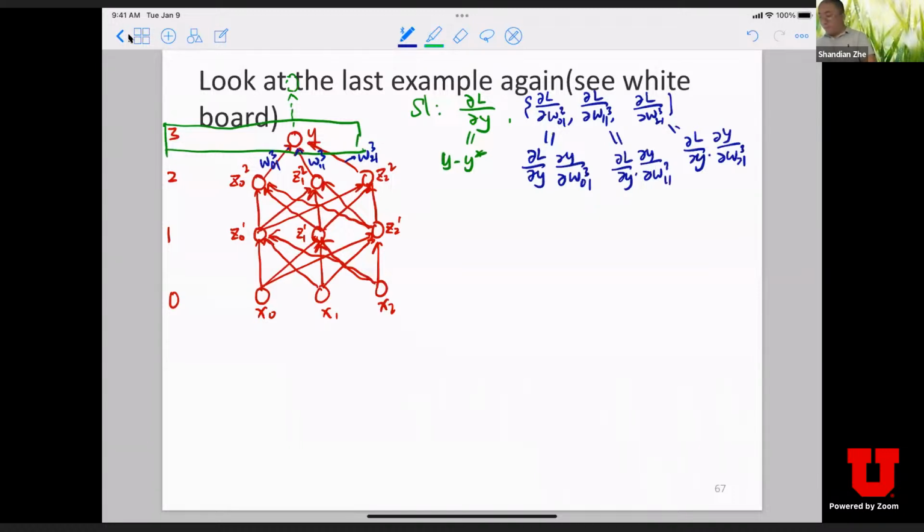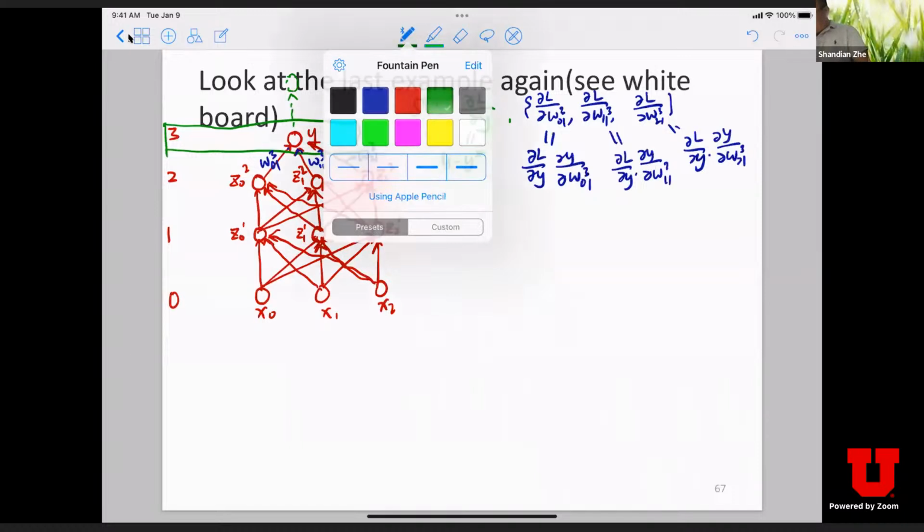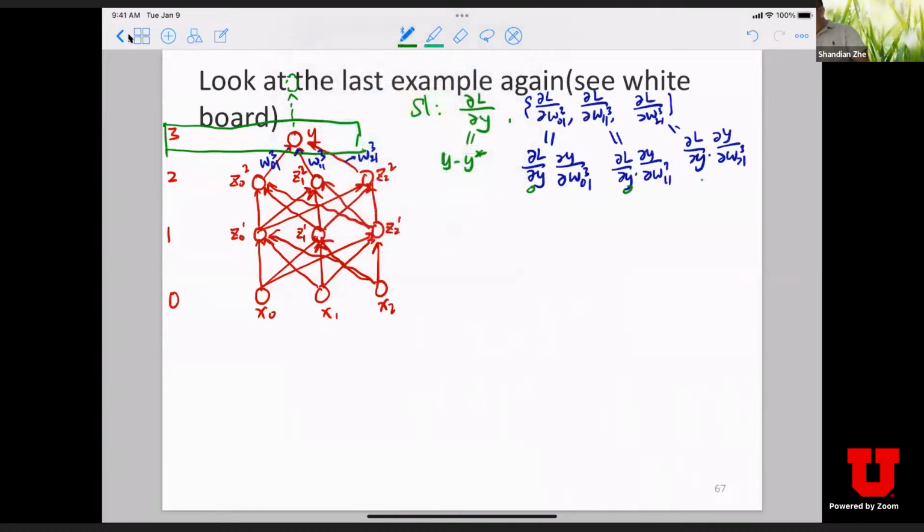Okay. So the first factor is a common factor, which has already been computed, right? We just read it. And what we need to do is just compute the partial of Y, the output neuron, with respect to the weights W013, W113, W213.